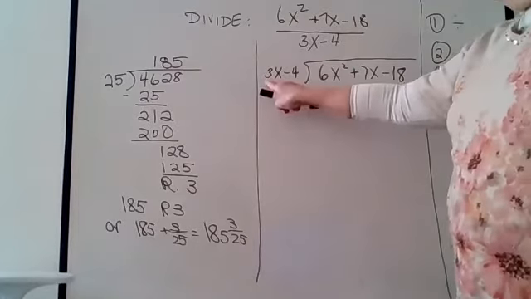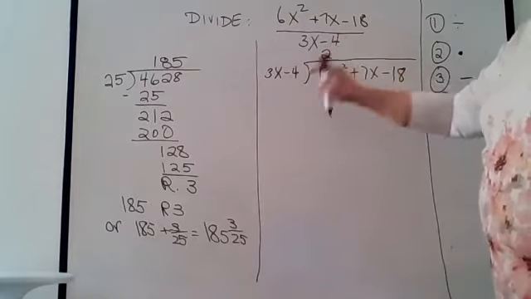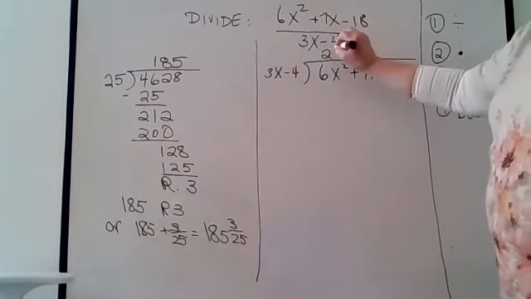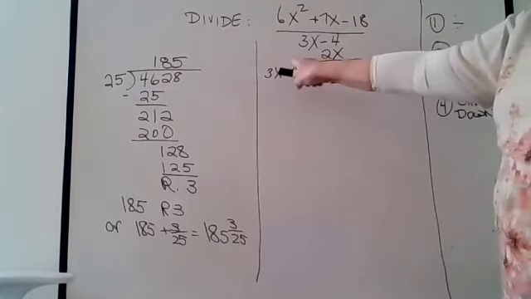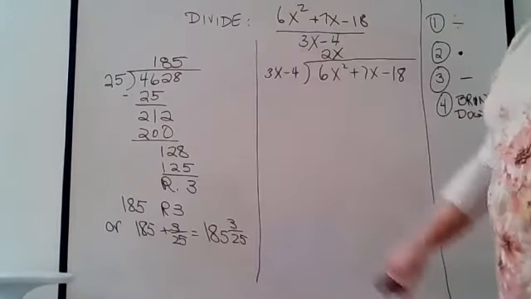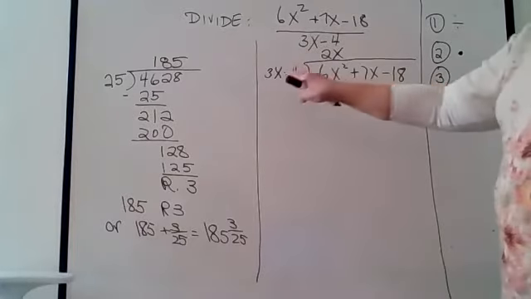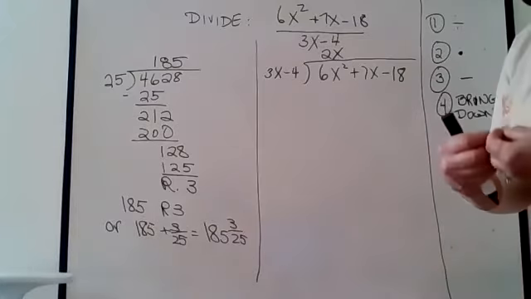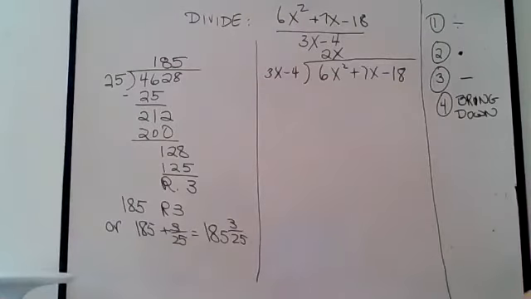So when I divide the 3 into the 6, I get 2. And when I divide the x into the x squared, you get x. Remember, when you're dividing the variables, you're subtracting their exponents, and the 3x has an exponent of 1. So ignore that -4 for this first step. Just take your first term and divide it into your first term.